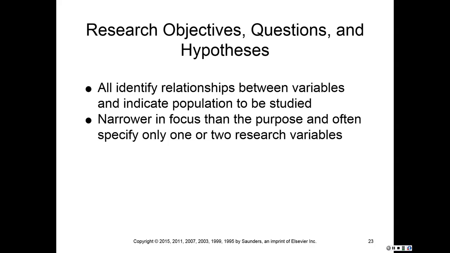The objective was to describe adherence to self-care practices of older workers with cardiovascular disease. And then the research question in that study is, what are the self-care practices of older workers with cardiovascular disease?